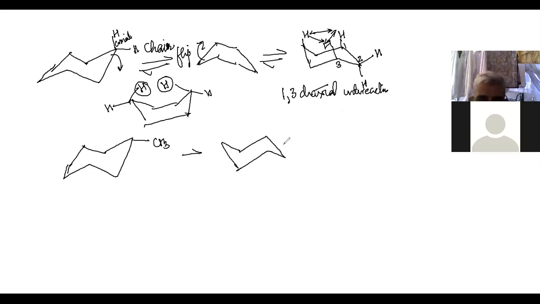Yes, this CH3 has come here, and now it has become axial, and this is equatorial. And see here, this is an axial bond pointing downwards, and here is the next axial bond, hydrogen. Now there is an interaction, and not only that, you have a bulkier group here, CH3, so there will be more interaction with these two hydrogens.